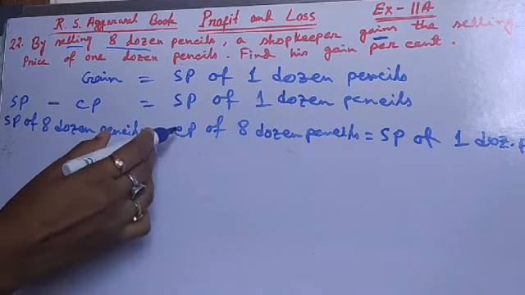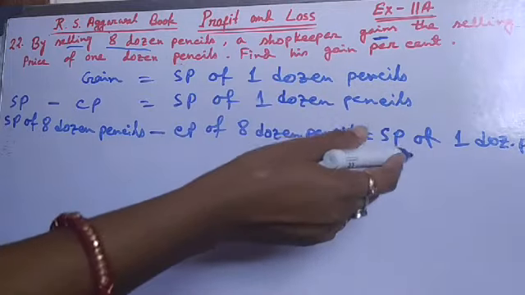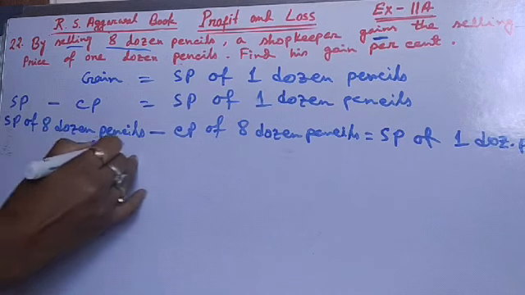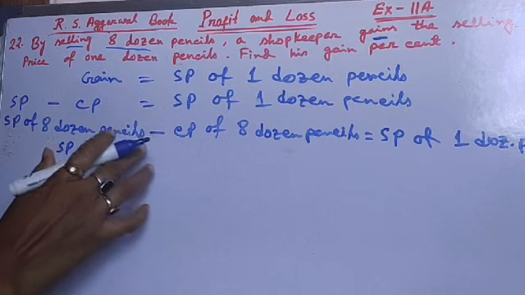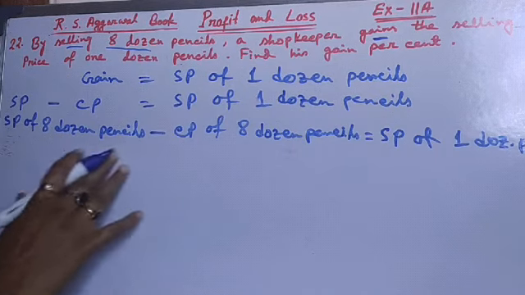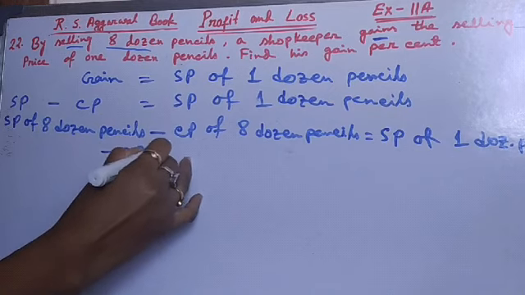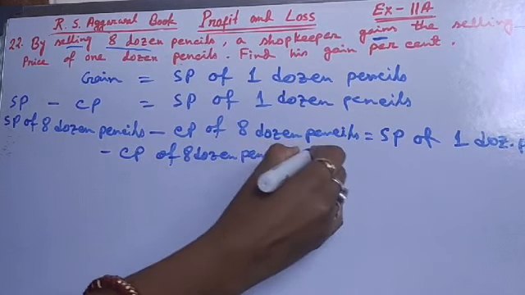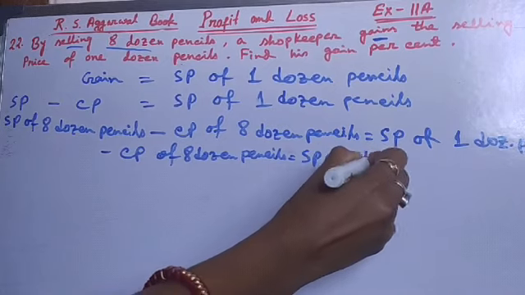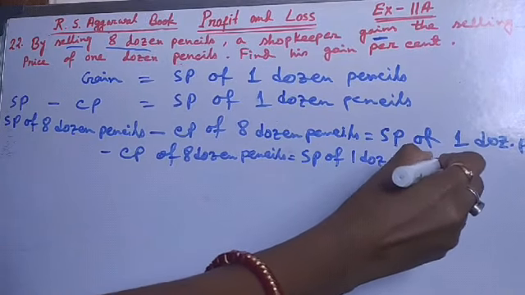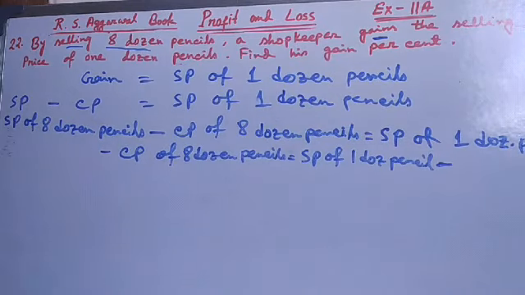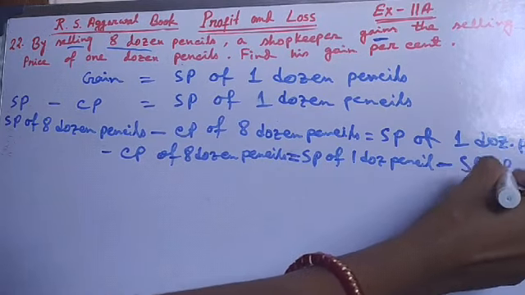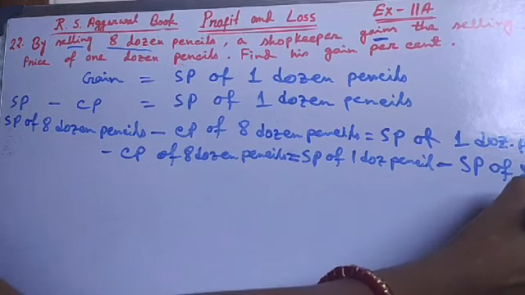Now CP will be kept on the left-hand side, so minus CP of 8 dozen pencils equals SP of 1 dozen pencil minus SP of 8 dozen pencil, changing the sign.